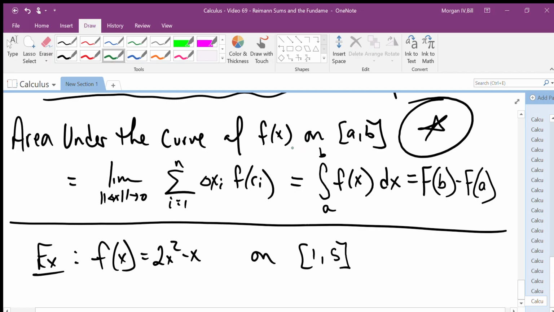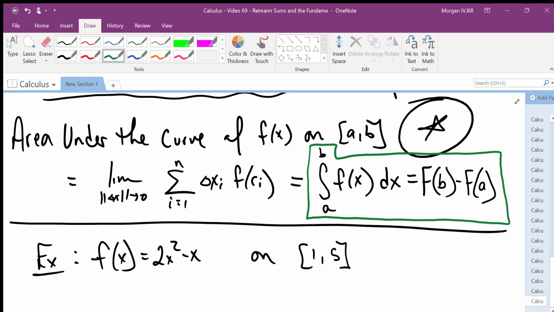We're going to use that the sum is equal to the integral from a to b of the function dx, which is equal to capital F, the antiderivative evaluated at b, minus the antiderivative F evaluated at a.